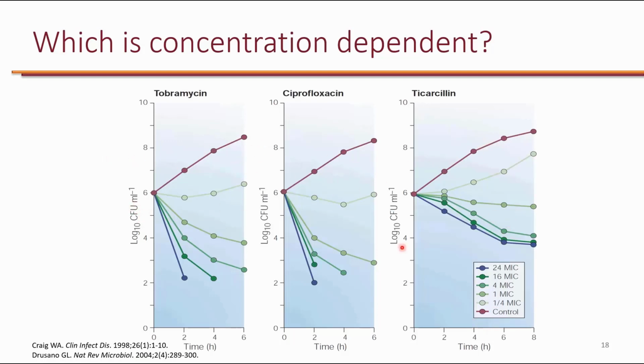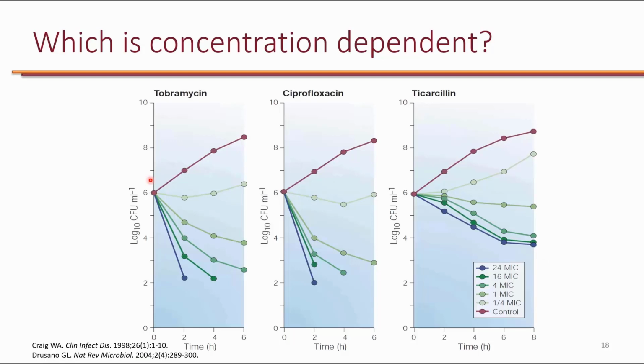So the red circles are control, meaning that if we don't use any antibiotics, we just let the organism grow. So as time goes on, bacteria grow in the absence of antibiotics.